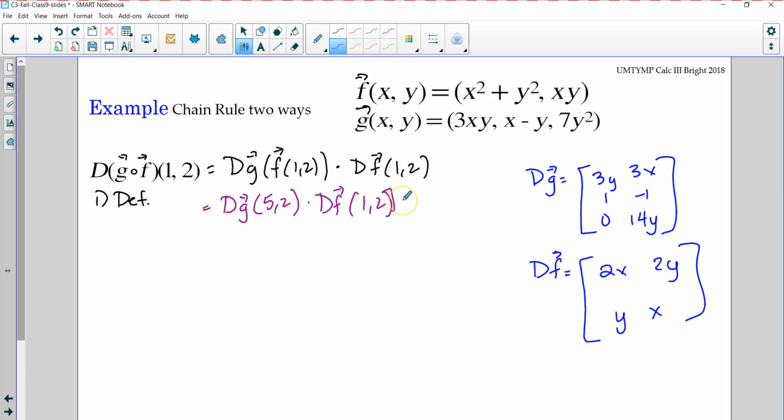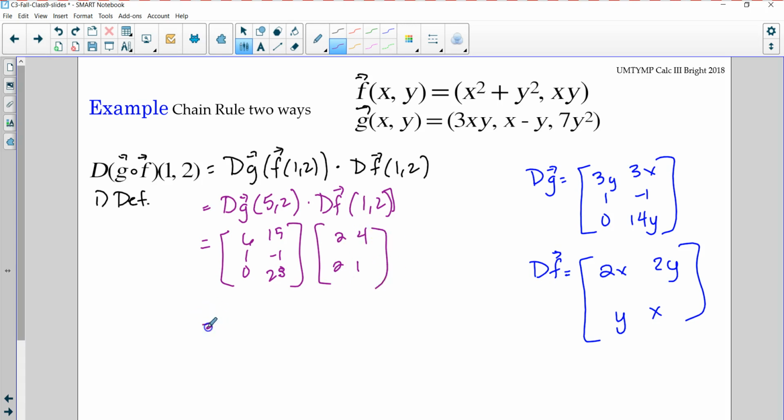Okay, so this is going to end up being dg of (5, 2) ends up being 6, 1, 0, 15, negative 1, 28, and then df is going to be 2, 2, 4, 1.